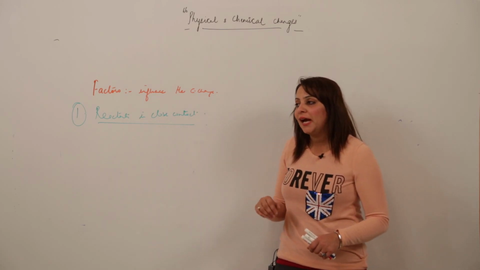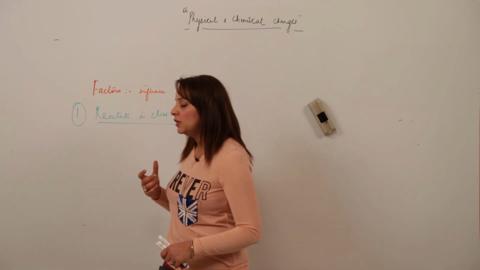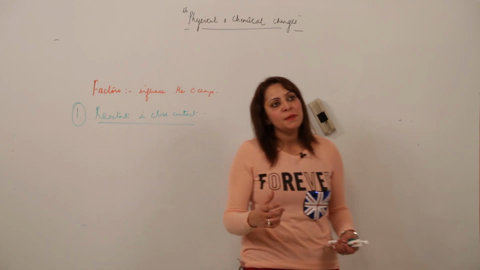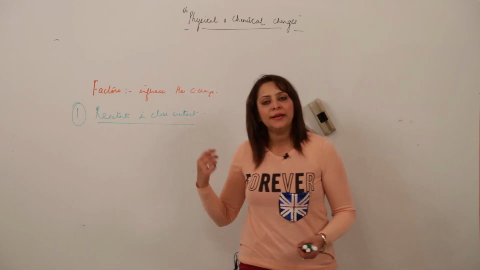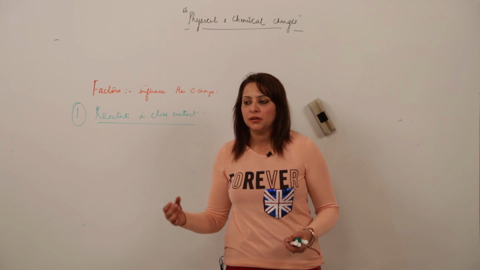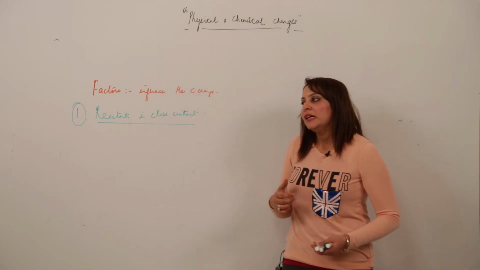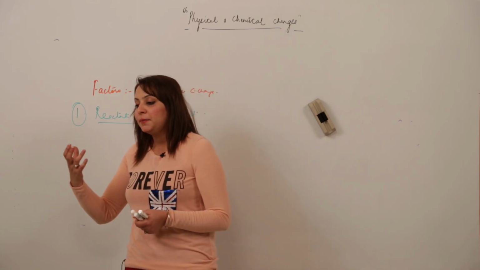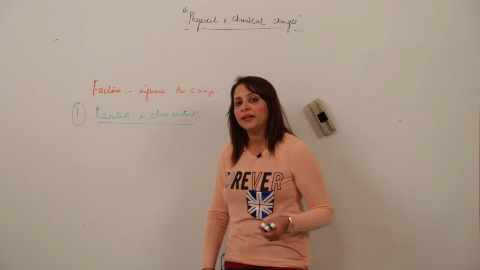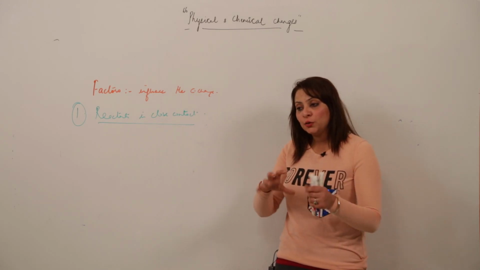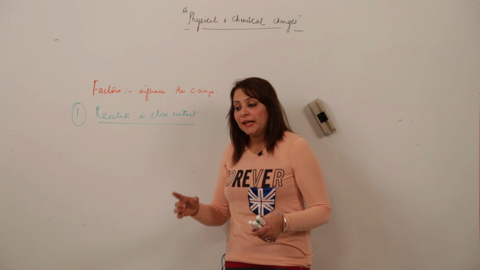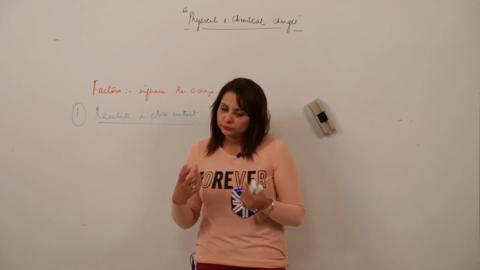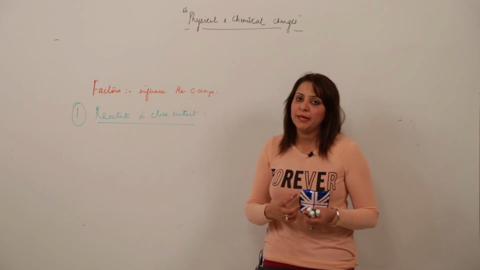Sometimes we often get a question, for example, we take a magnesium ribbon. Magnesium occurs in the form of magnesium ribbon and we can also get it in the form of magnesium powder. If I ask you which is more efficient out of magnesium ribbon and magnesium powder in undergoing a chemical change, there should be a quick response: the state in which there will be close contact will be better and efficient for the chemical reaction to occur.